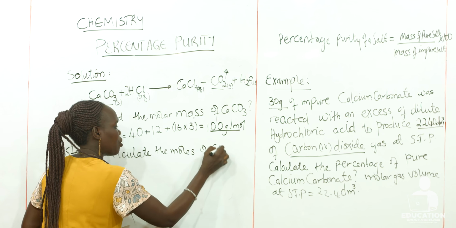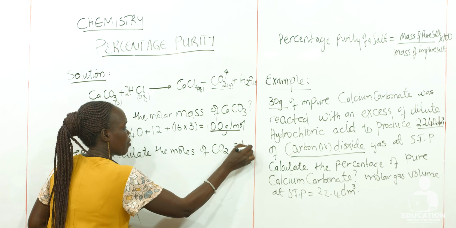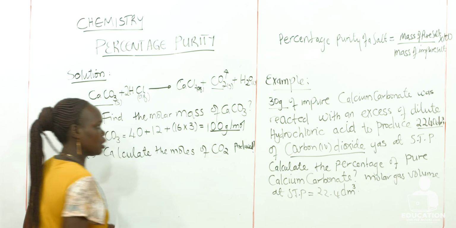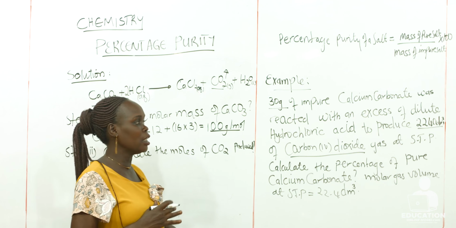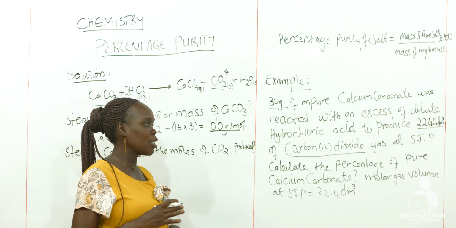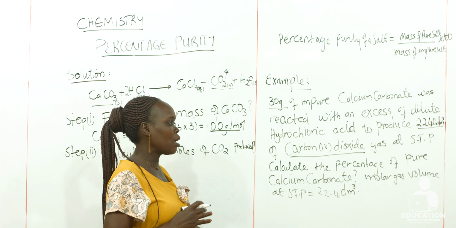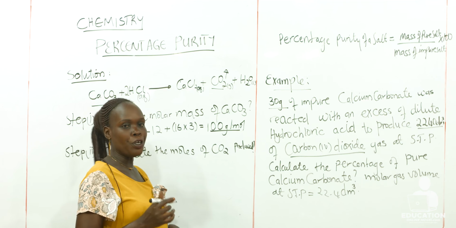Of carbon dioxide produced. Moles of carbon dioxide produced in this reaction. We need to remember that the volume given is 2240, and at STP the molar gas volume is 22.4.